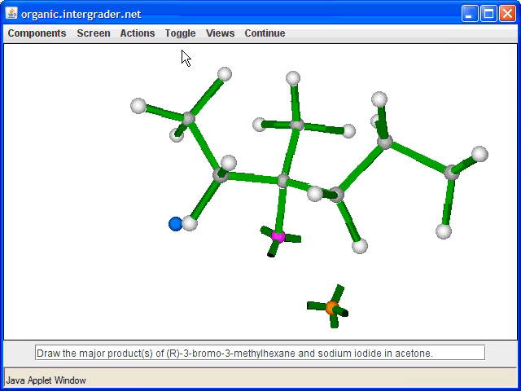Now the reason why we're doing this reaction in acetone is basically because sodium bromide is insoluble in acetone, whereas sodium iodide is soluble in acetone. So what's driving this reaction is that you're going from a soluble reactant to an insoluble product. Keep everything in the picture right there, and let's test if this is what the program wanted.